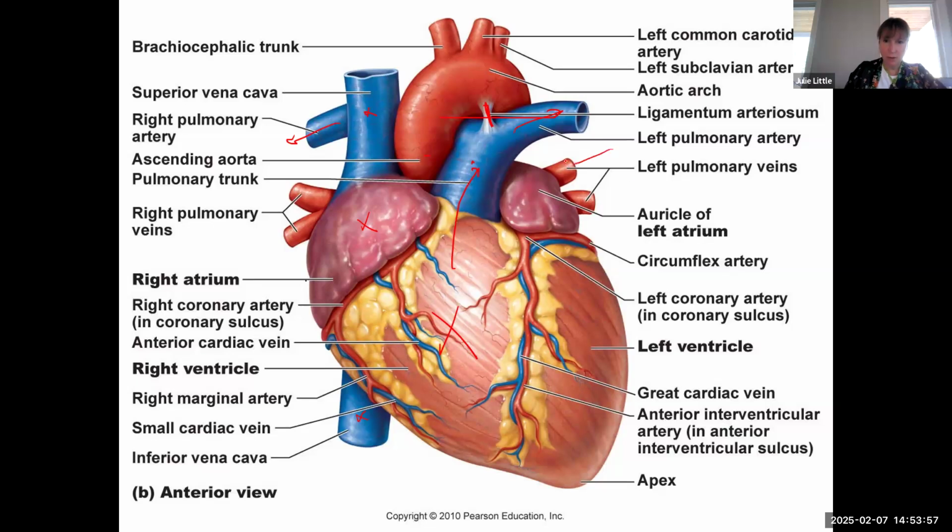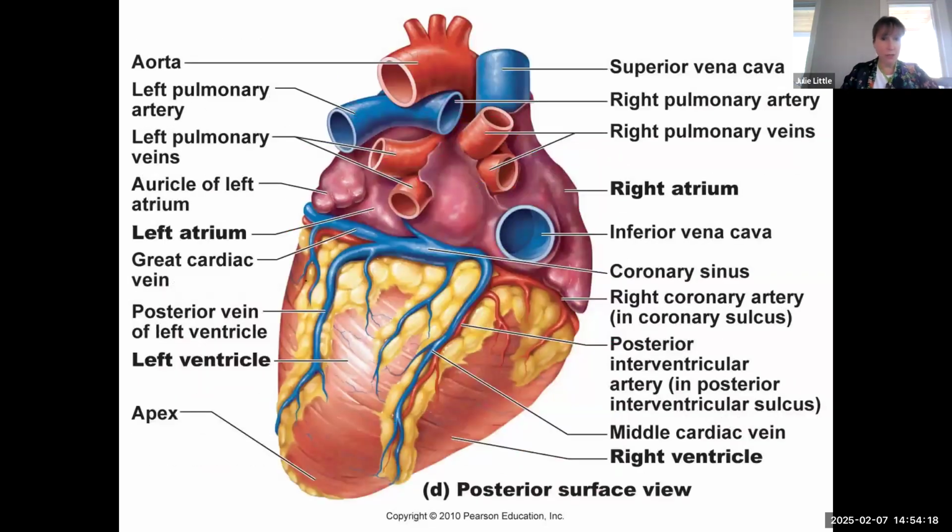Blood comes back through the left pulmonary veins and the right pulmonary veins into this left atrium. Then the blood goes down into the left ventricle and it will be shot out through the aorta. So all of this we have already done before. Just a different artist view. It's a fantastic drawing.